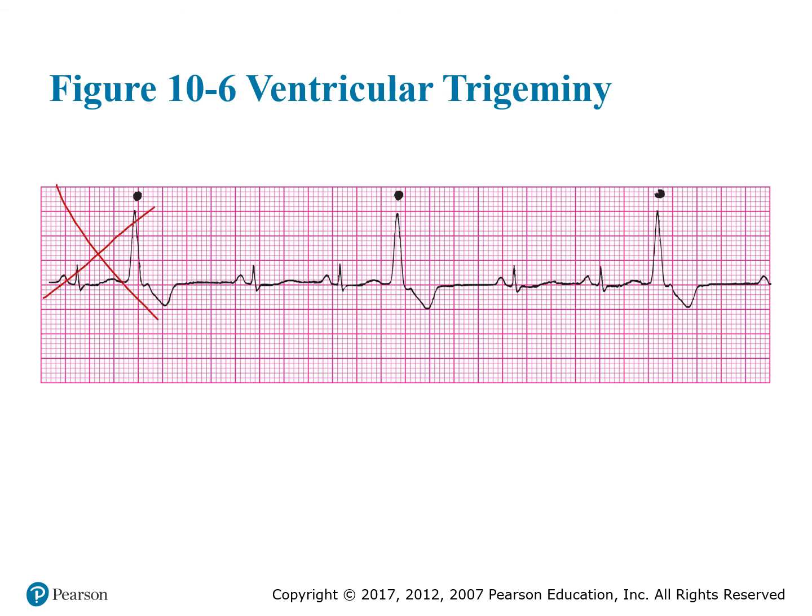But if you look at the second and third beats, we have 1, 2, and our third beat is a PVC. 1, 2, and our third beat is a PVC. That's what we call a PVC trigeminy.